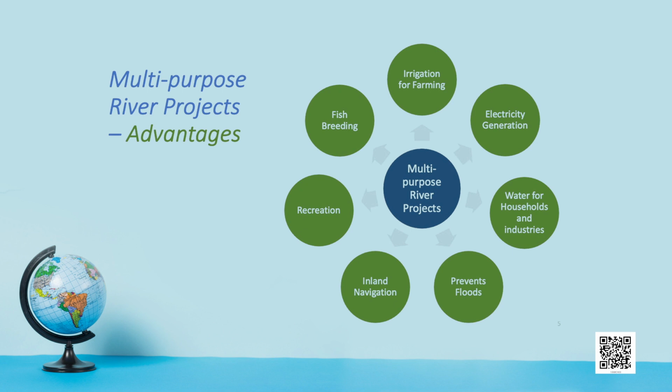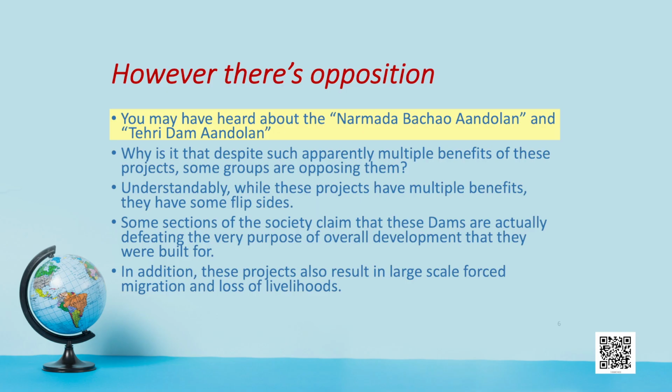Despite having so many advantages, some sections of the society have been opposing the multi-purpose river project. You may have heard about Narmada Bachao Andolan and Tehri Dam Andolan. Why is it that despite such apparently multiple benefits of these projects, some groups are opposing them?